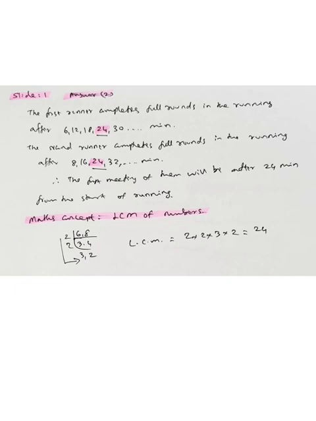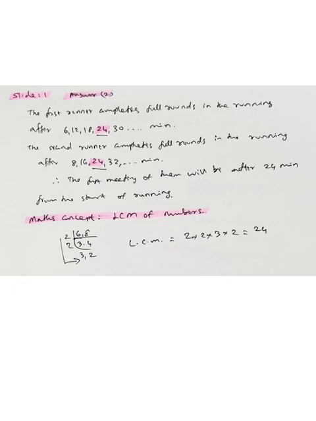Given that the first runner completes a full round in 6 minutes and the second runner in 8 minutes. So if we compute the time taken for the first runner, he will complete the rounds in 6, 12, 18, 24, 30 minutes, like that.